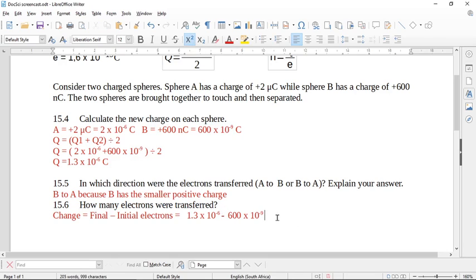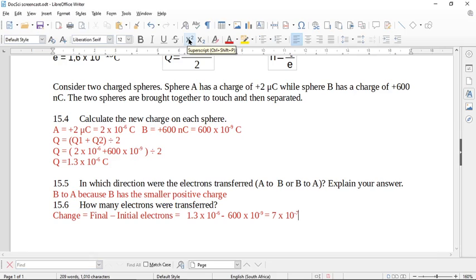We can do this on our calculator because this is not an easy mental arithmetic thing. I get something that looks like 7 times 10 to the negative 7 according to my calculator. Listen, grade 10, always check my calculations with your own calculator because I'm notorious for putting things strangely into my calculator.